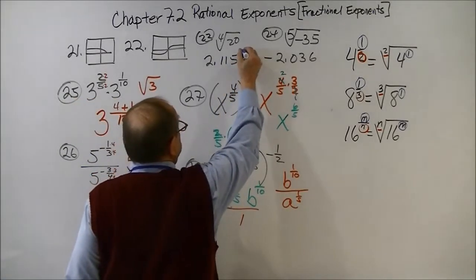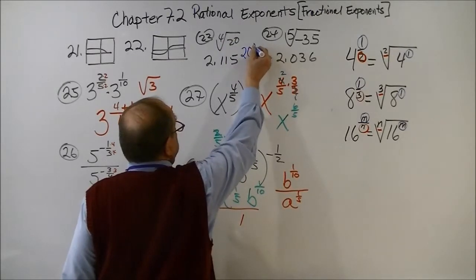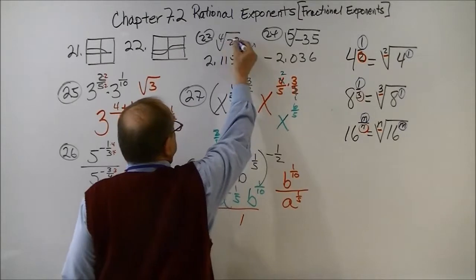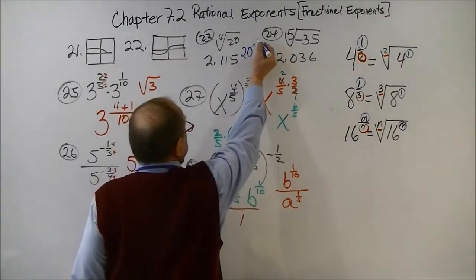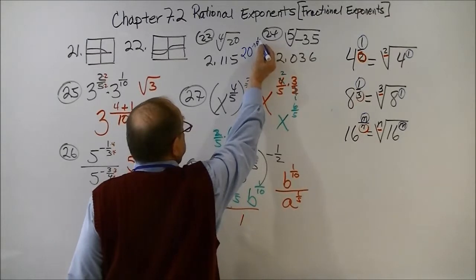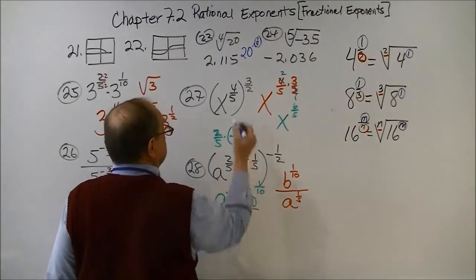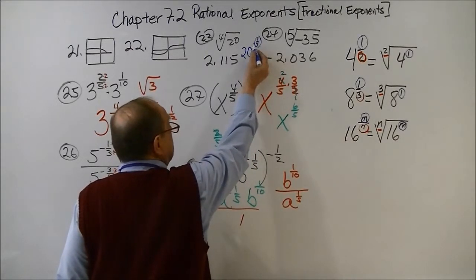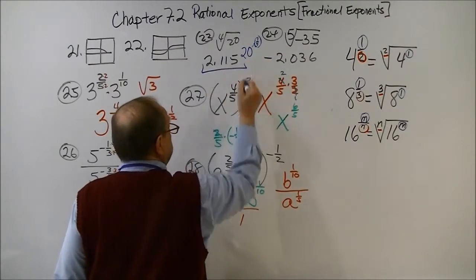You're going to put 20, and you're going to use that caret sign on your calculator. And then what would that be in exponential form? Well, it would be 1/4. So you put that into your calculator as 20 caret, then a parenthesis, 1 divided by 4, parenthesis, hit enter, and that's what you get.